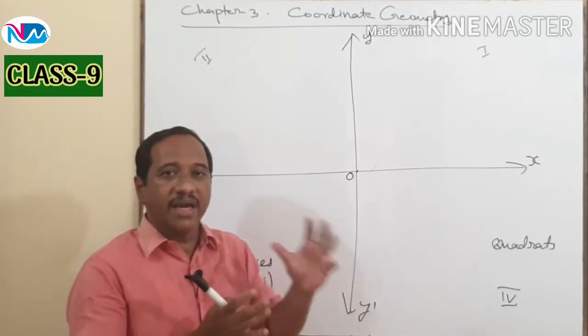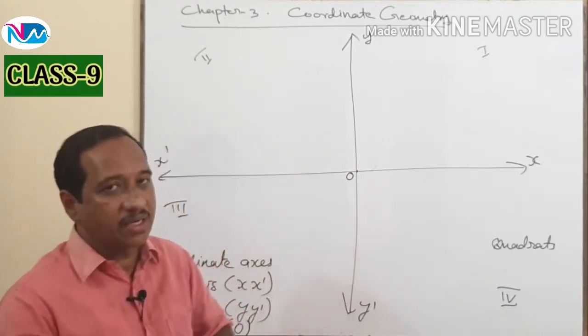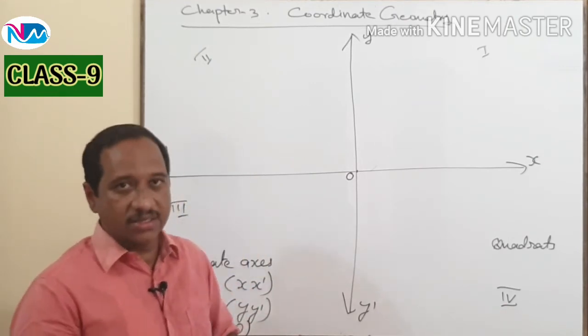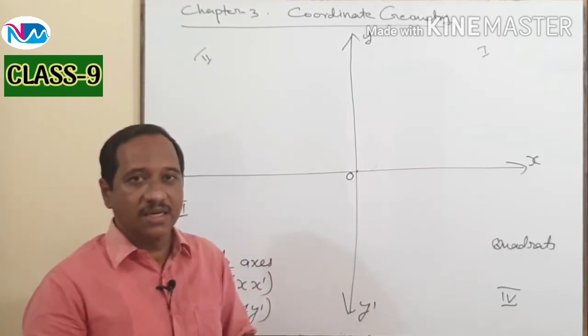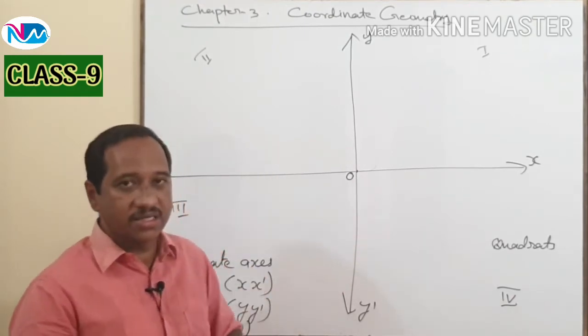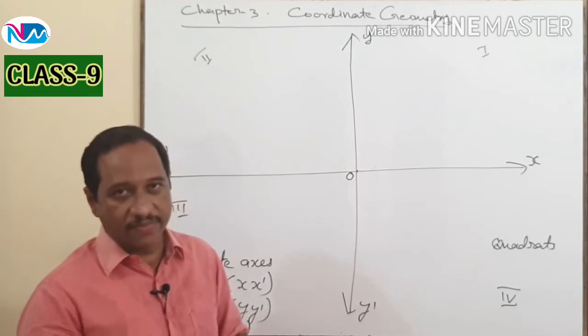Now, if you want to give an address to any point in any one of these quadrants, we use x coordinate and y coordinate. The x coordinate and y coordinate gives us an address for each and every point in the Cartesian system of coordinate geometry.